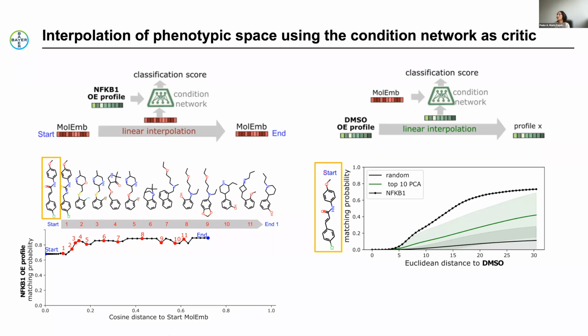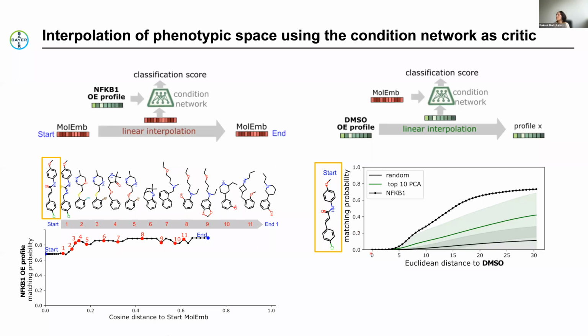Again, the reference molecule against which we are computing the matching is our reference proposed agonist towards NF-kappa beta, and then the ending profile, so the direction towards which we move. We use 3 directions. We first move into random directions, then into the top PCA directions, so the directions in the morphological space of maximum variation. And finally, we moved specifically towards the direction of the NF-kappa beta profile, which was the gene for which this molecule is supposed to be active on.